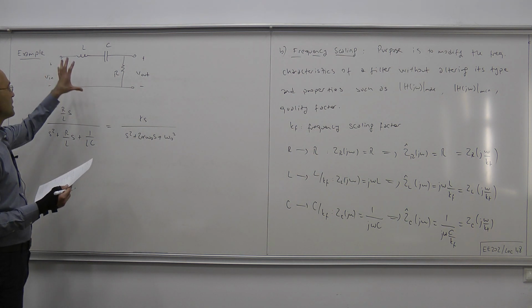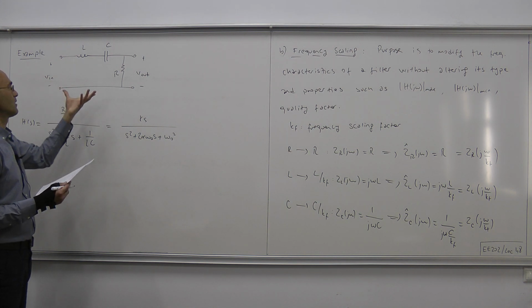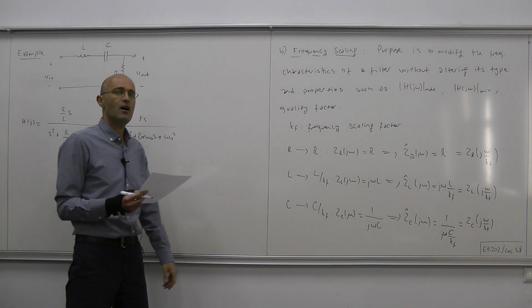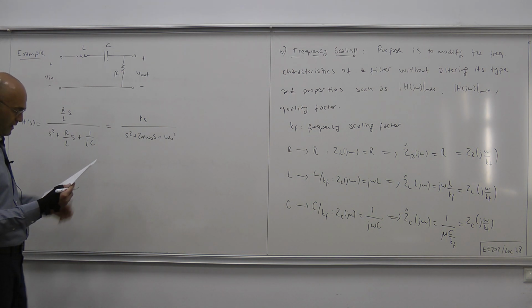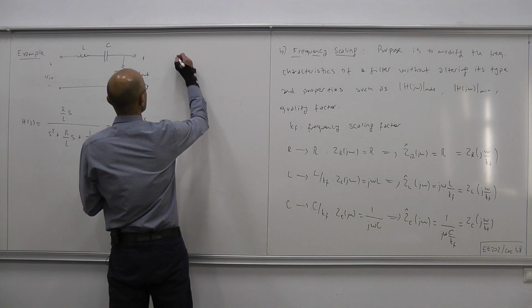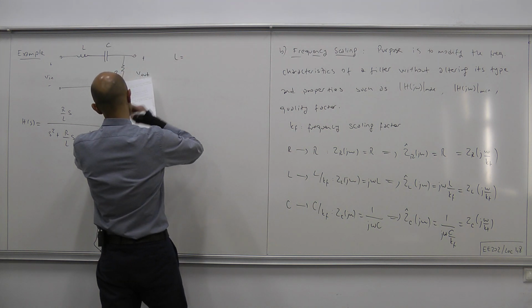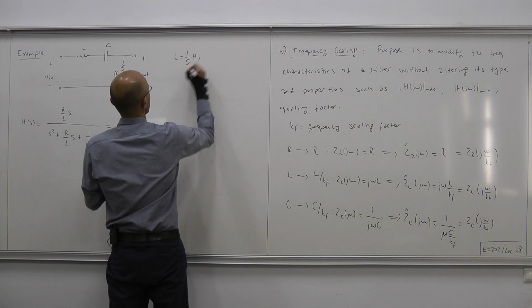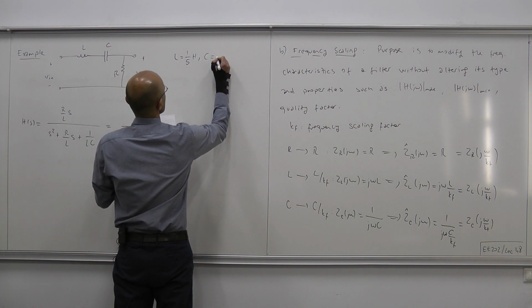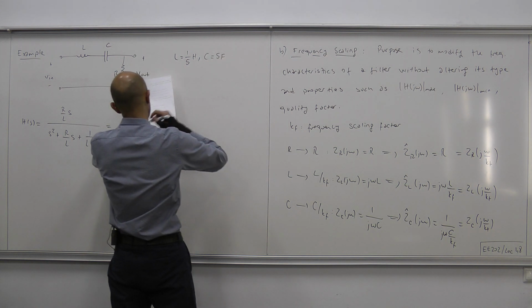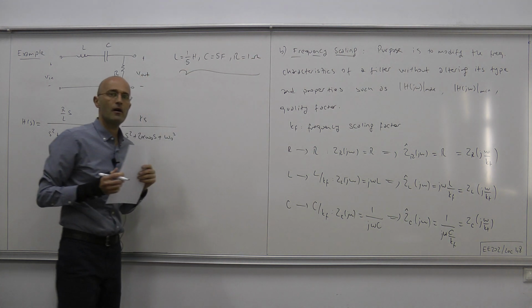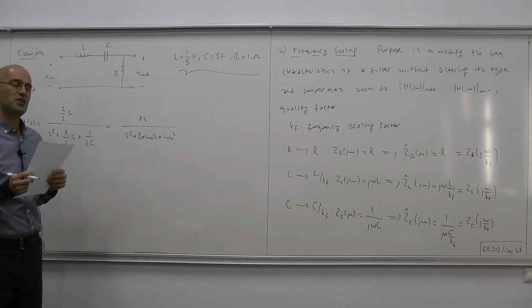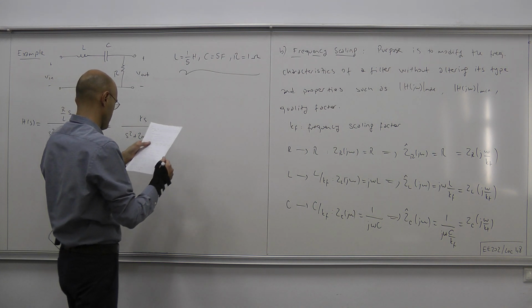Okay, suppose that we designed initially our filter by the following parameter values. L equals 1 over 5 henrys, C equals 5 farads, and R equals 1 ohm. So these are our initial design parameters.